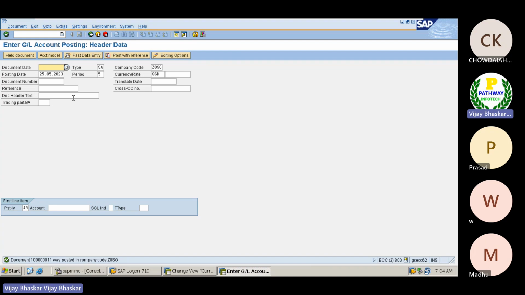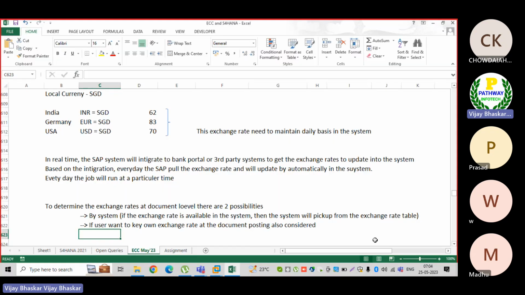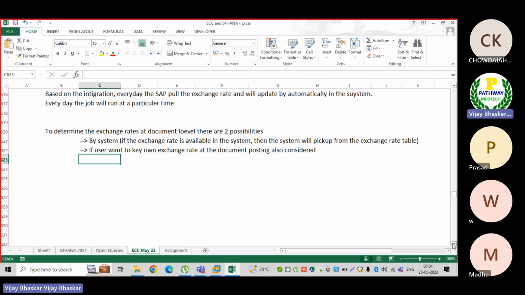In case, I will give you one more scenario here. In case I have maintained the exchange rate only for today's date, 25th of May, and then I am posting a document on 30th of May, even though the exchange rates are not maintained up to that date, let me give you the scenario of what will happen.